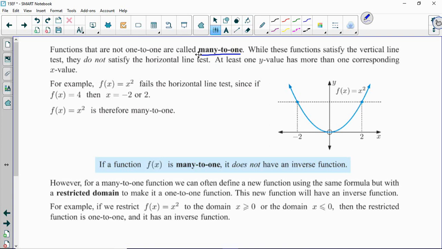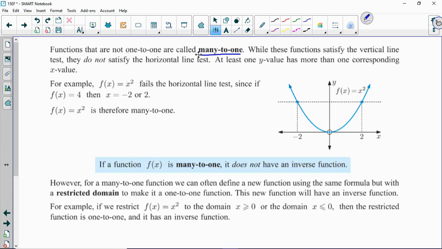And certainly for any particular y value on that function, except for its vertex, there's going to be two x values, many x values, which are associated with that same y value. This is certainly a many-to-one function. We can see here it fails the horizontal line test. Therefore, this function does not have an inverse function.